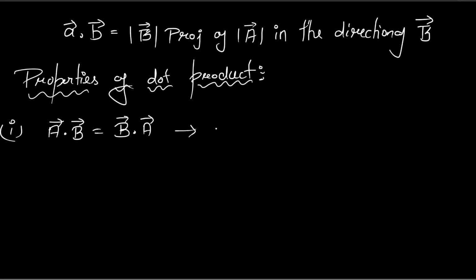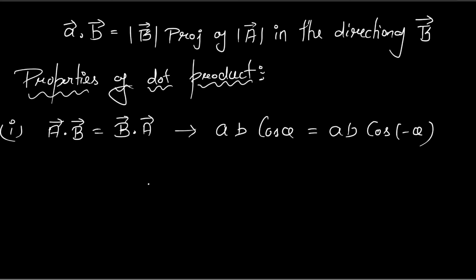Because the argument is A B cos theta, if you change theta to minus theta, A dot B and B dot A are equal, because cos is an even function and does not change sign.